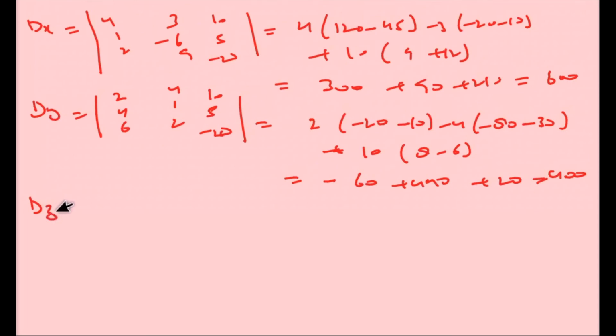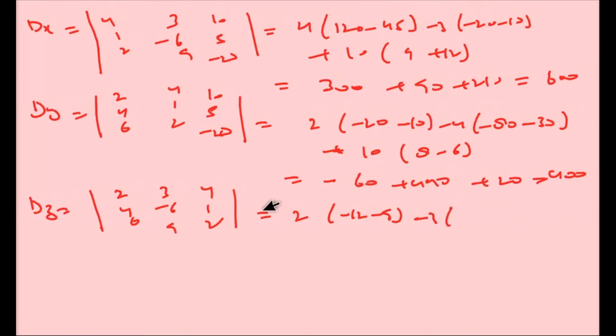So now similarly we can find dz here, 2, 4, 6, 3, minus 6, 9, replacing the third column by 4, 1, 2, and solving again from R1 we will get 2 into minus 12 minus 9, minus 12 minus 9, and minus 3 and 8 minus 6, and plus 4, and it is 36 plus 36.